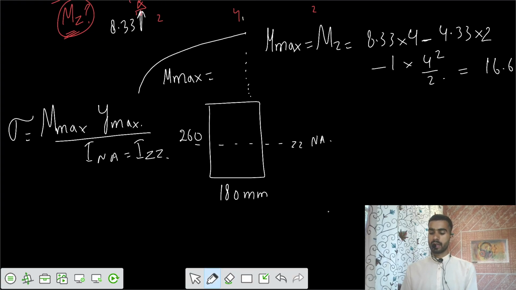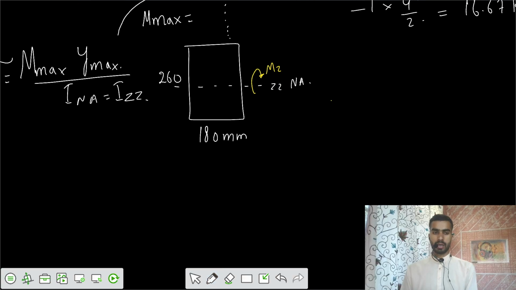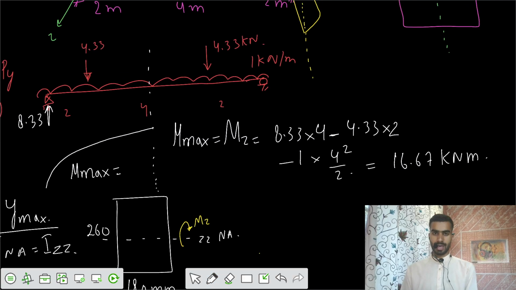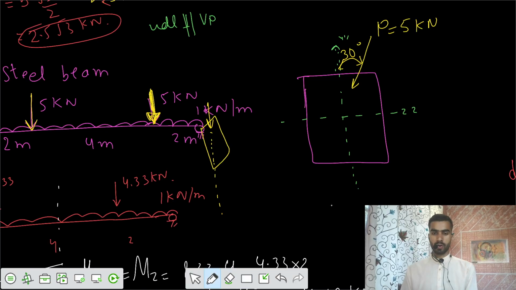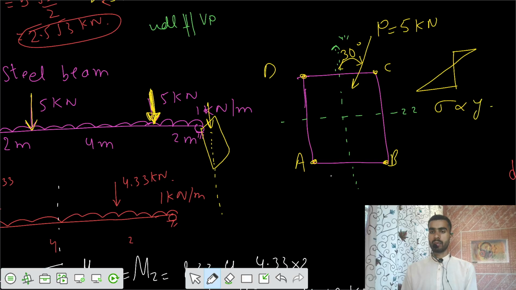Now what's happening is that a load is acting, and the moment is acting in this way, moment Z. So because of that, you can find the stresses. Now the question was that you have 4 corners of the section. Let's call them A, B, C, and D. We know that bending stresses are maximum at the extreme fibers, because the stress is proportional to y from the derivation.